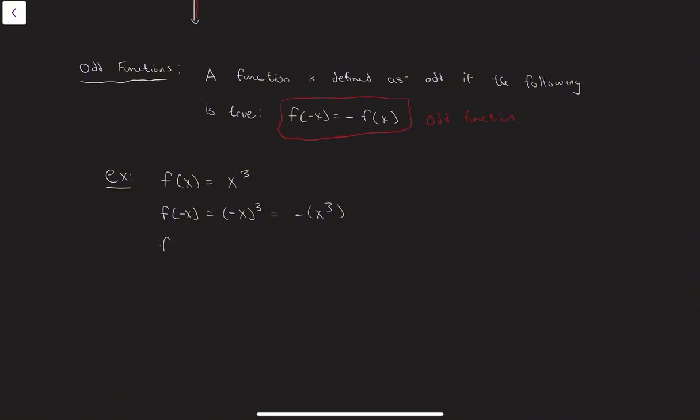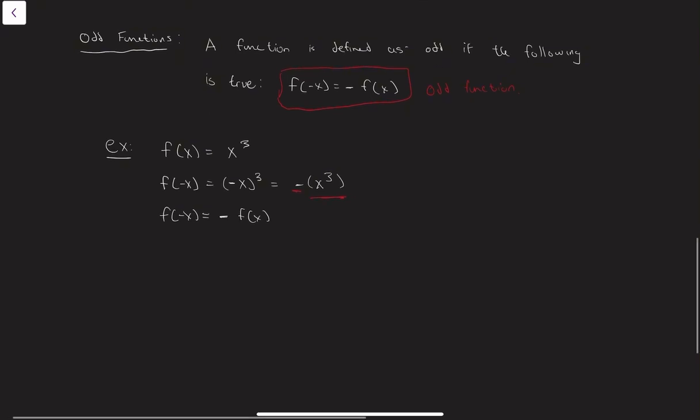In this case, f of negative x is equal to negative f of x right here. See, we have f of x right here, and we have a negative in front. Therefore, we can say this function is odd.